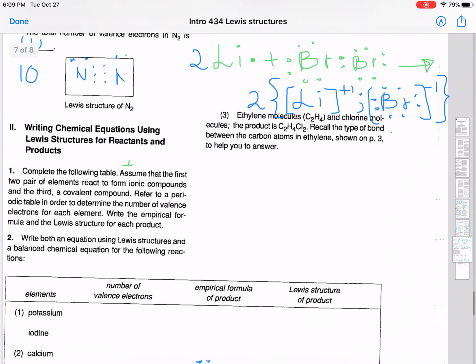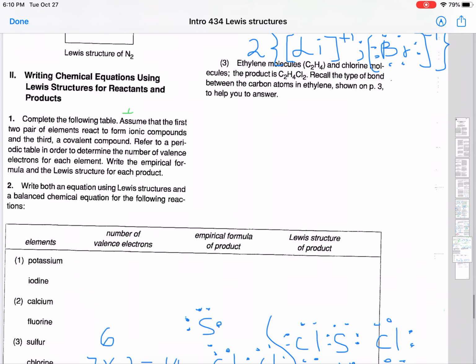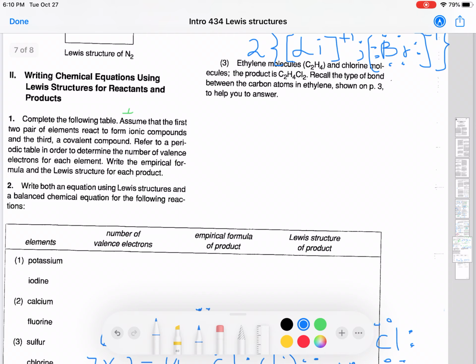And then the next one, ethylene molecule and chlorine molecules. The product is C2H4Cl2. So we're going to write the equation for this one, C2H4. So when you write the Lewis symbol for C2H4, it would be something like this. There are 2 carbons and then the hydrogens.